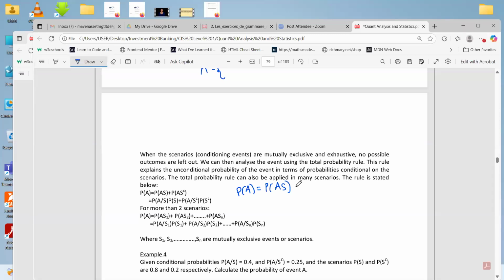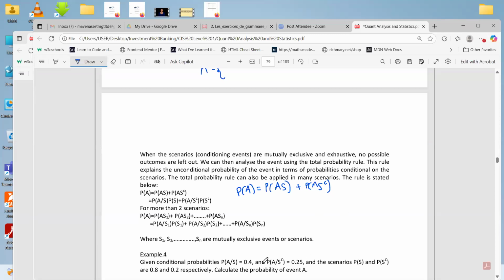And the scenarios, probability of S and probability of S complement, are 0.8 and 0.2 respectively. Calculate the probability of event A.